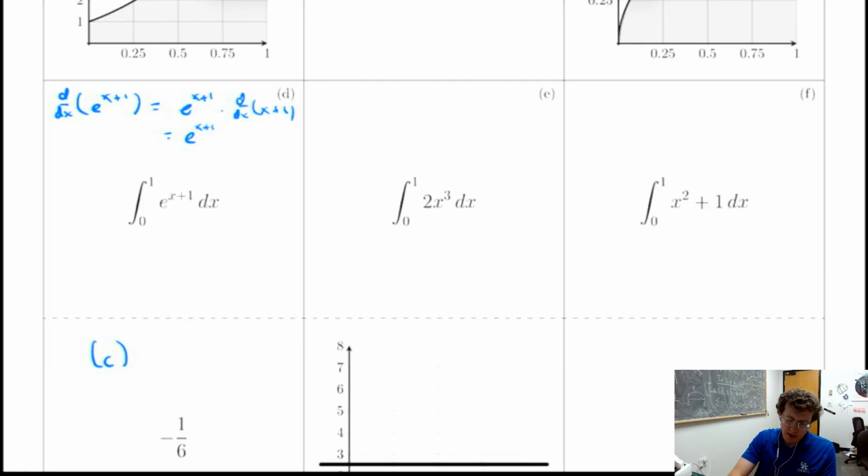The second method that I would use to find an antiderivative is that e to the x plus 1 is the same thing as e to the x times e. And that e is a constant multiple.